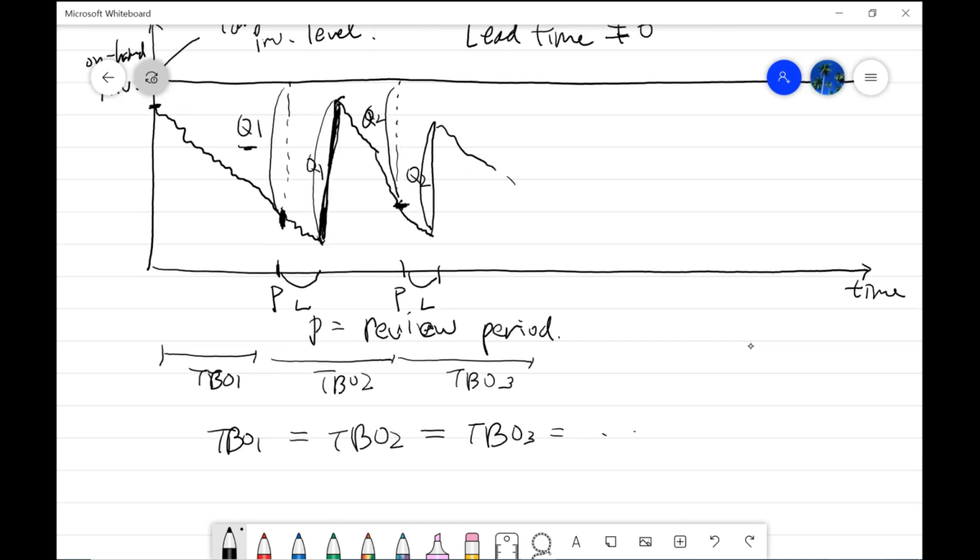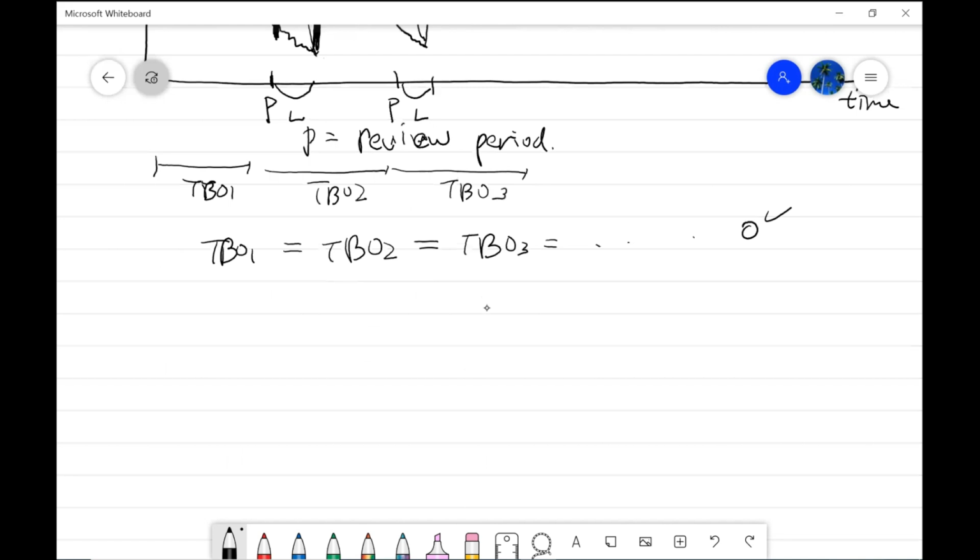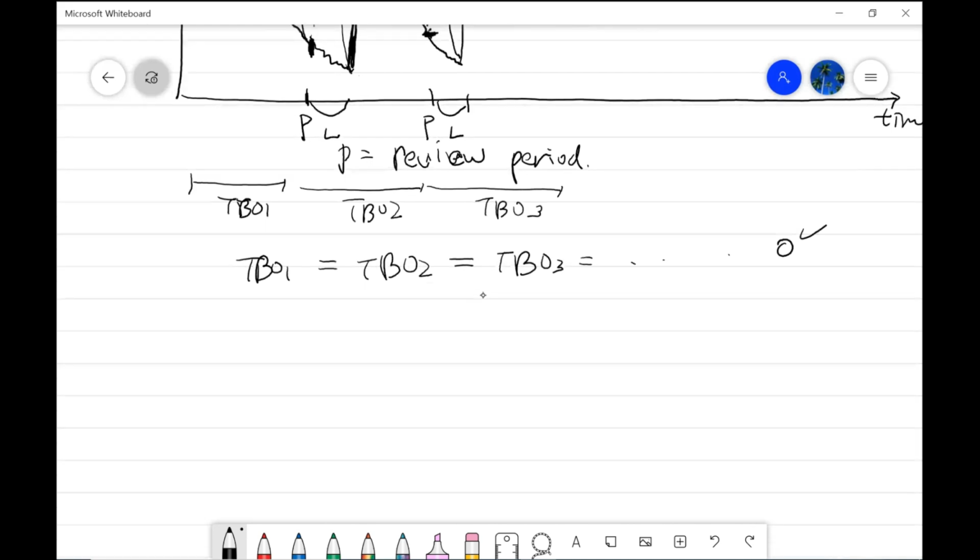Are they the same? Yes, at this time they are all the same. Why? Because we have a fixed review period. The question is, I already handled when to order, a fixed order period by using the EOQ. But what about the target inventory level?